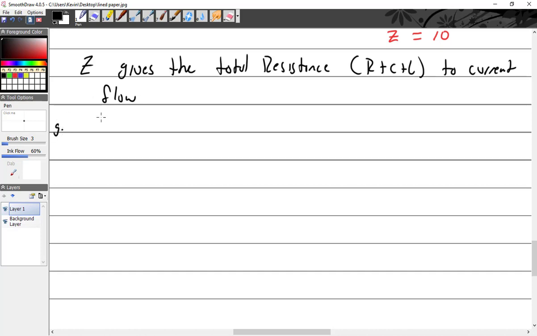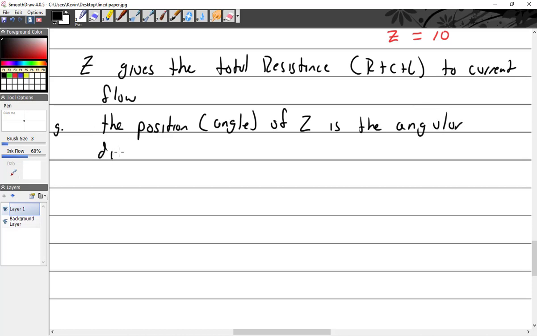The position, and by that I mean the angle of Z, is the angular distance, or difference, between voltage and current.